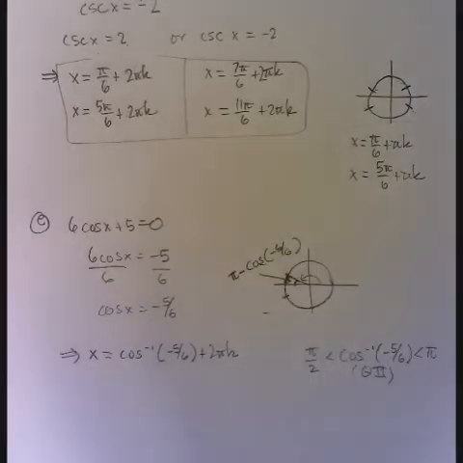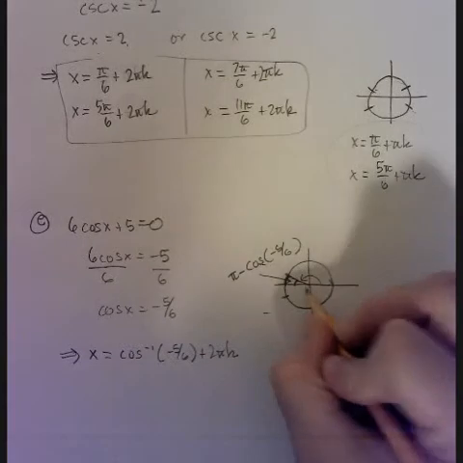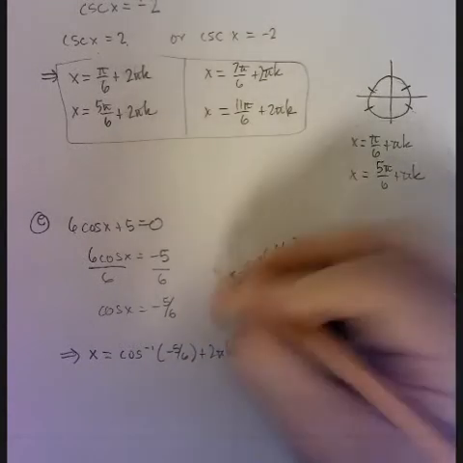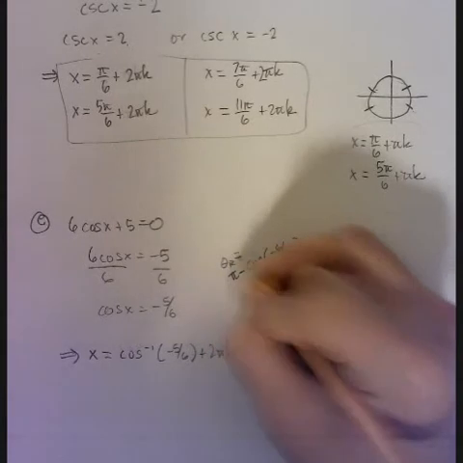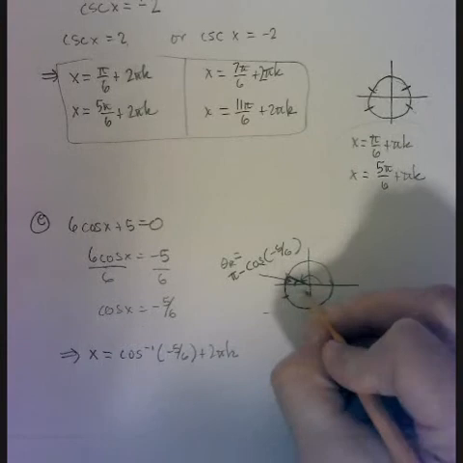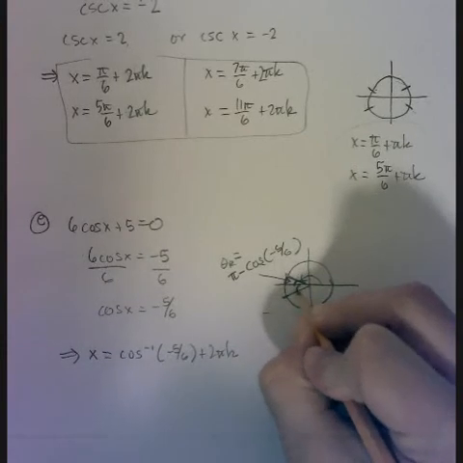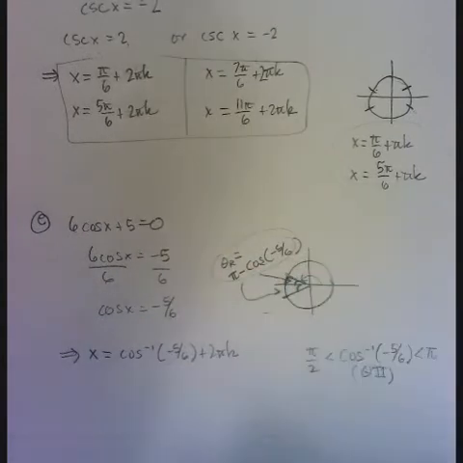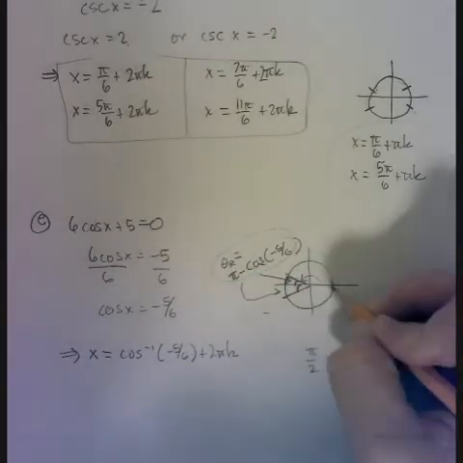So let me just call it theta sub r, that's my reference angle. If I want to get the angle in quadrant 3, this angle here is going to be the same size as this. I want to put that in there, and so I'm going to take that and add it to pi.